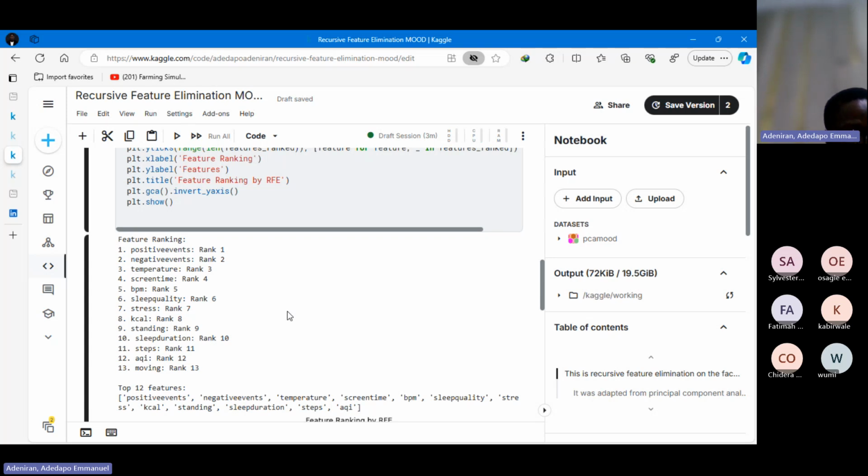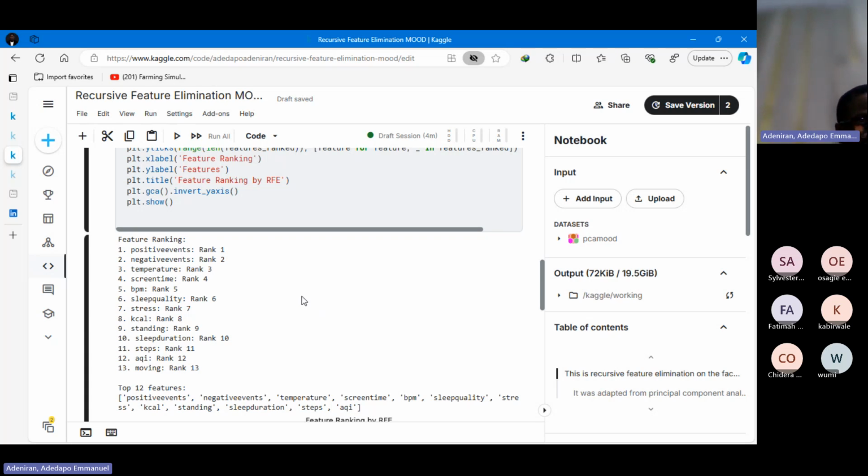So it will continue to eliminate features such that the elimination of that feature will lead to a better performance. So in this way, we'll be able to rank the features based on how they are helping the model to make a good prediction.